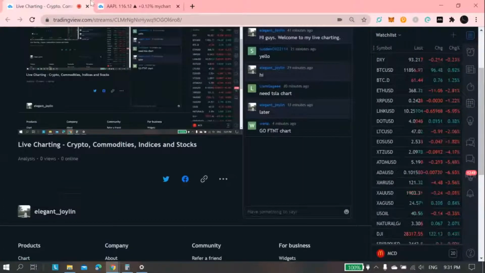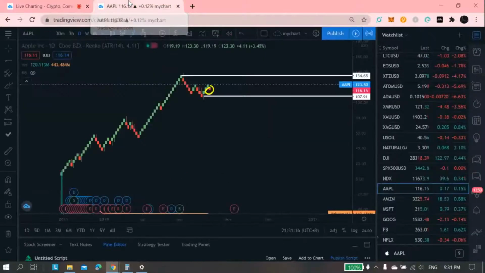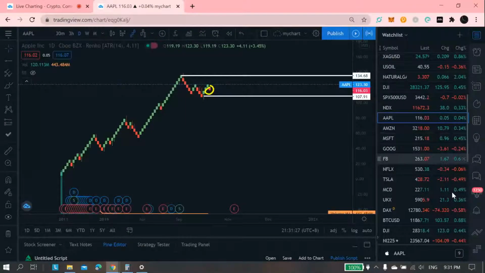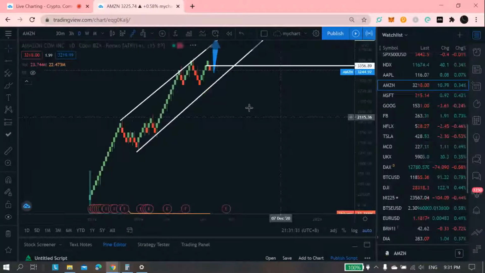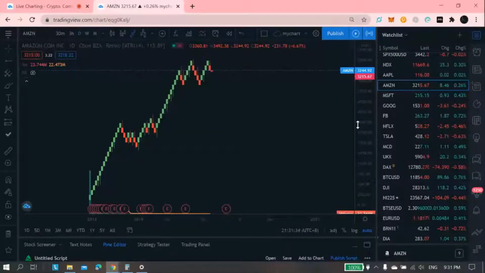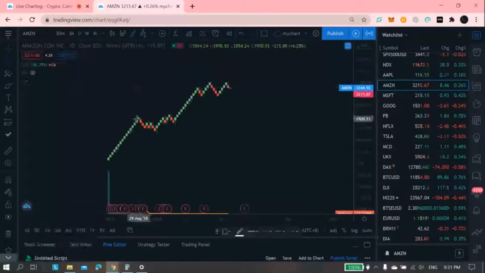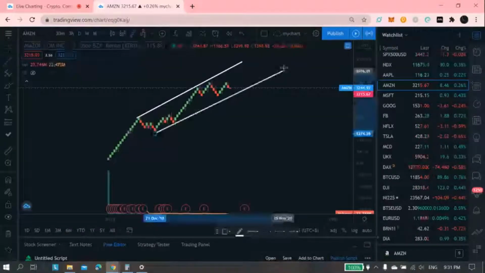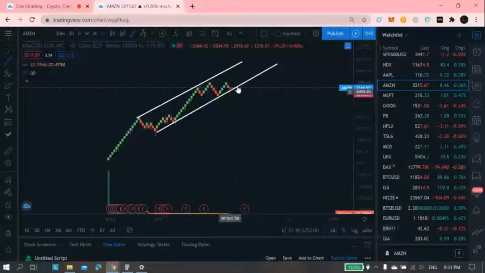So now let's move on to Amazon. Well, for Amazon, it's still in an uptrend channel, but it's near the support area.